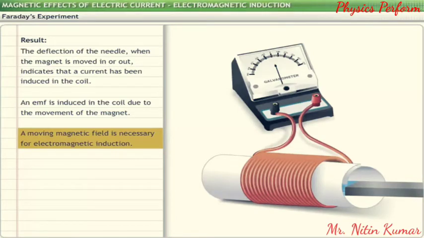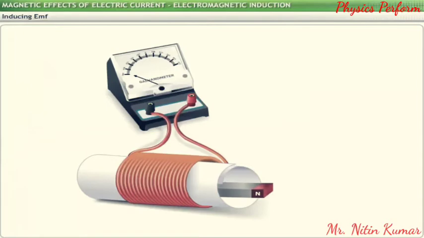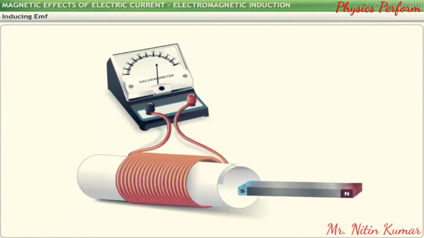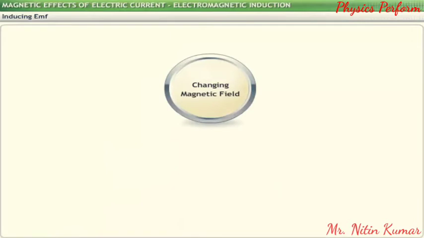For example, in the experiment you saw, if the magnet is inserted with north pole first, the needle will deflect in the opposite direction as that of the previous case. In Faraday's experiment, you observed that a relative change in a magnetic field induces EMF in a conductor.